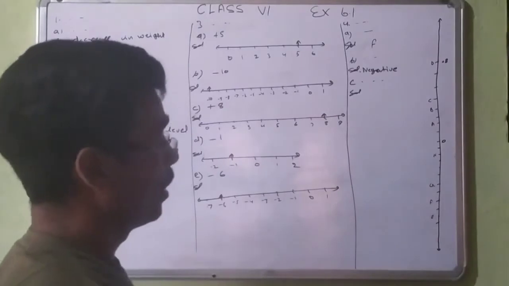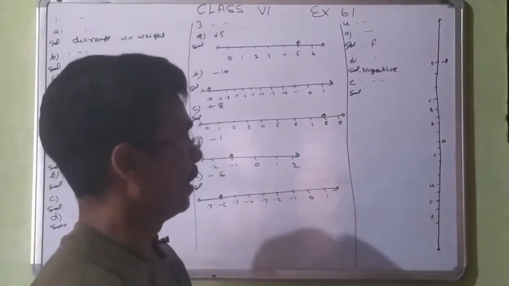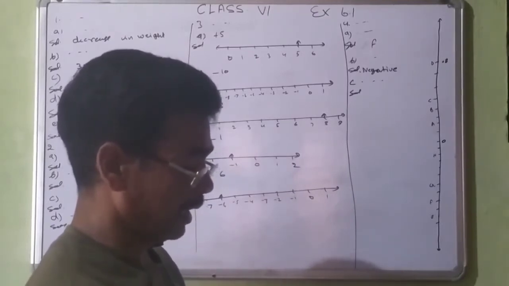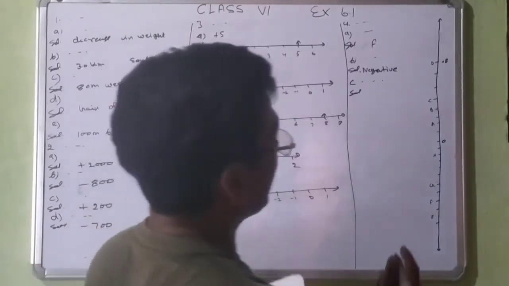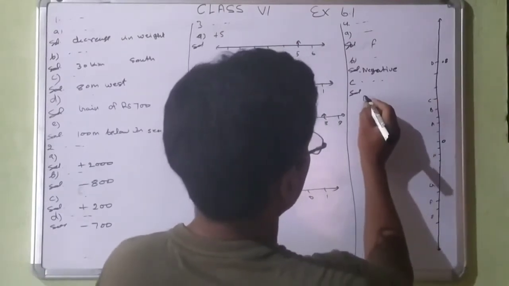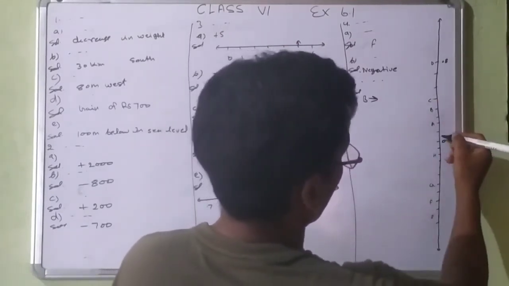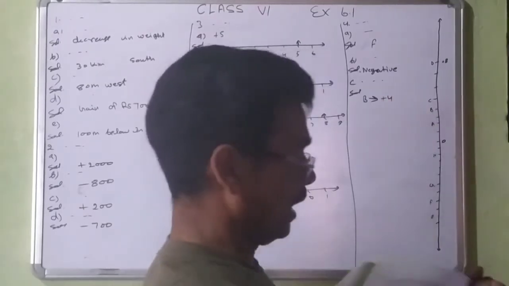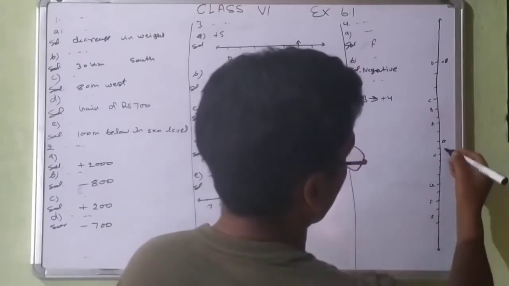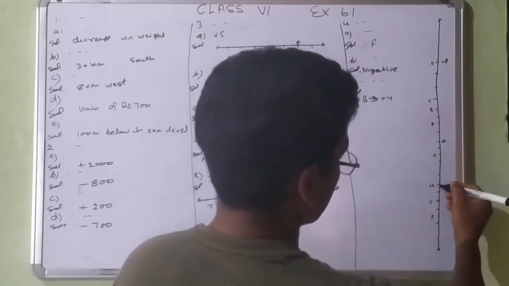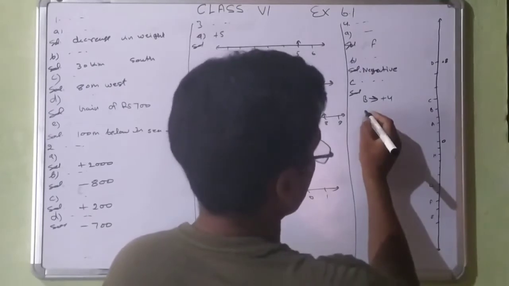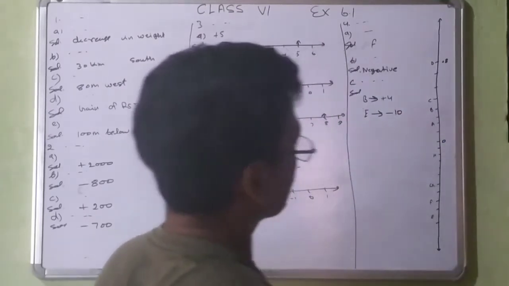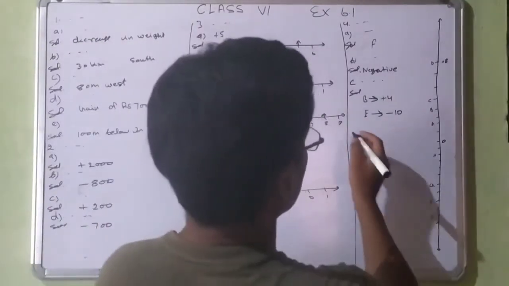Those below the zero are negative, and those above the zero are positive. C part: write the integer for B and E. B is 1, 2, 3, 4, plus 4. E is minus 10, because E is below the 0.